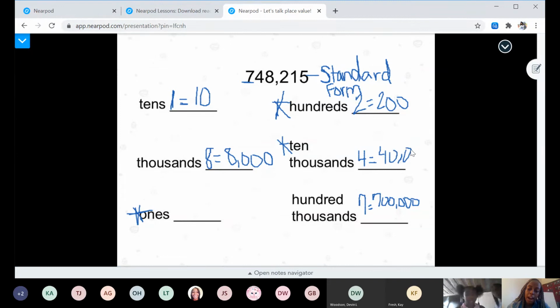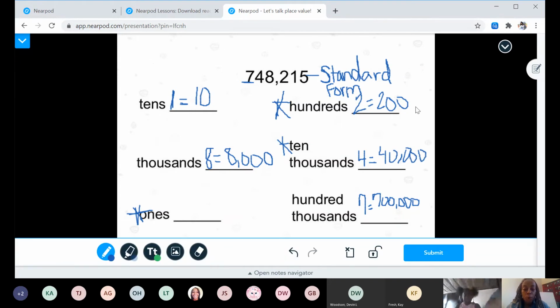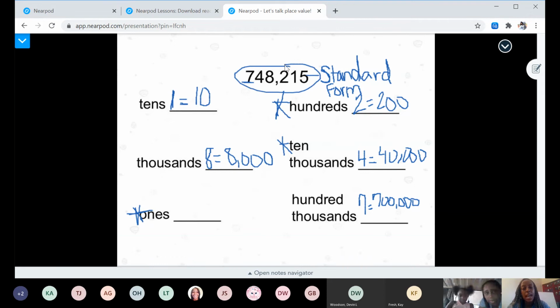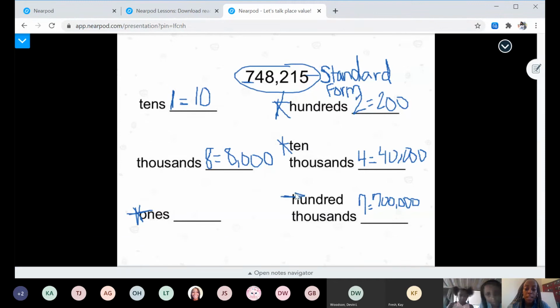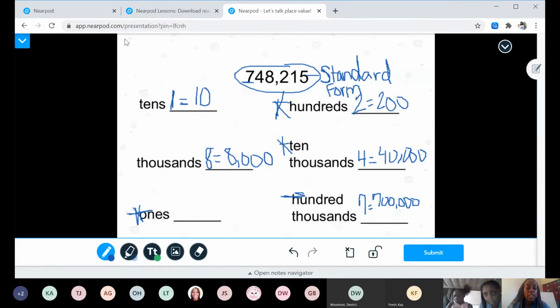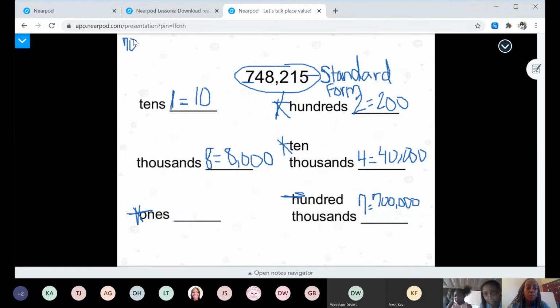So if we're looking at our definitions of standard form versus our expanded form, if I say write 748,215 in expanded form, I would write the value of each digit. Starting right here, we see that the 7 in the hundred thousands place is worth 700,000.